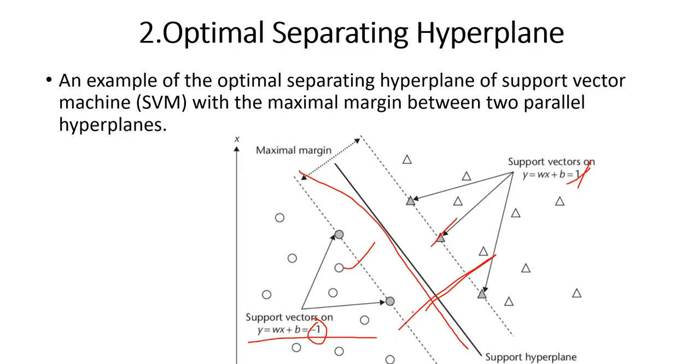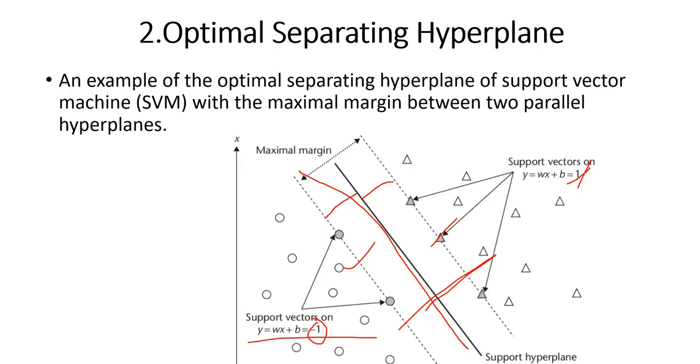The basic idea is very simple. Don't just separate the classes, but separate them with the largest possible safety gap. We are talking about this one. This is our safety gap, and this generally helps the model generalize better when it encounters new unseen data. Now, let us focus on the most important points in this diagram. We can see some highlighted points lying directly on the dashed margin boundaries.